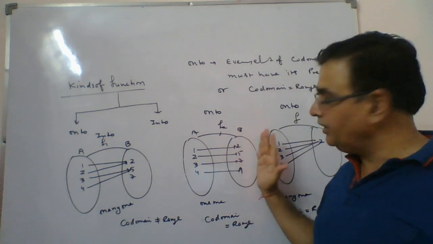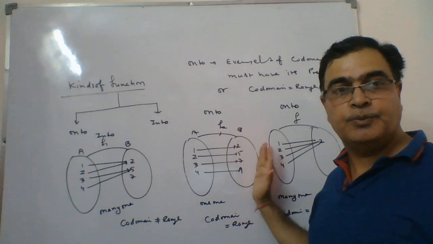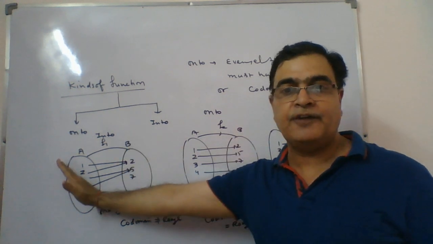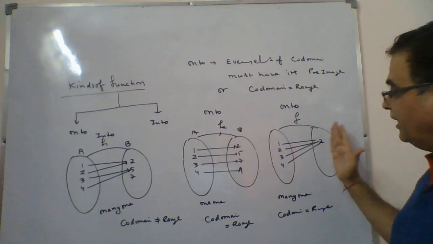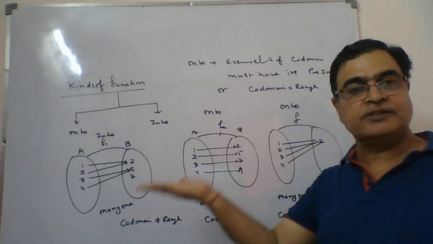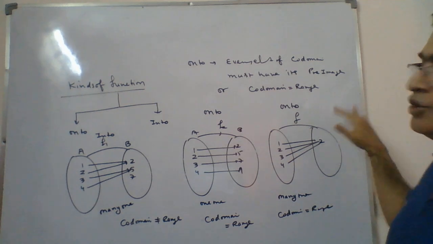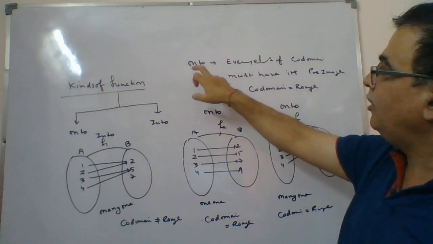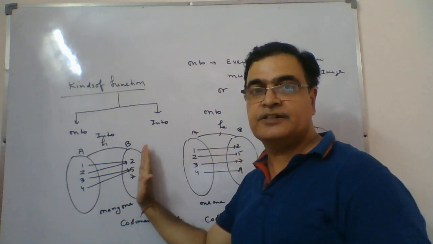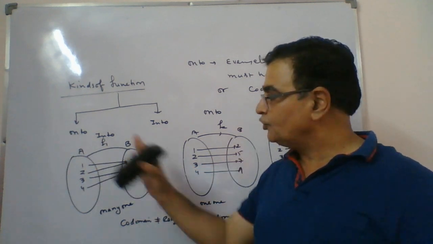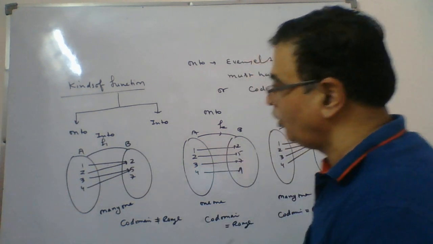In this case, each and every element has its pre-image, so it will be onto. Here, each and every element does not have its pre-image, it will be into. Here, each and every element has its pre-image, yes, we'll say it will be onto. So into, onto, into. Codomain is equal to range, and every element in the set B should have its pre-image. So this way we will say the function is onto.